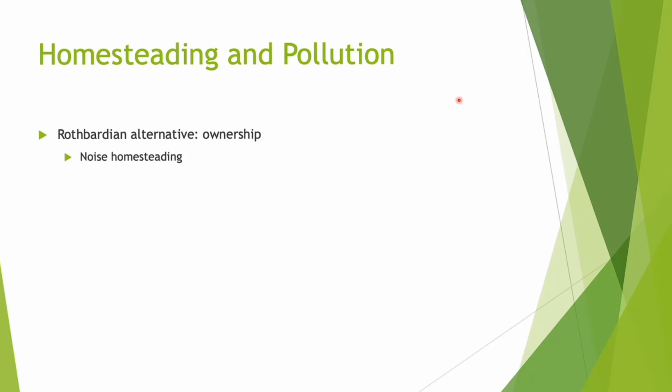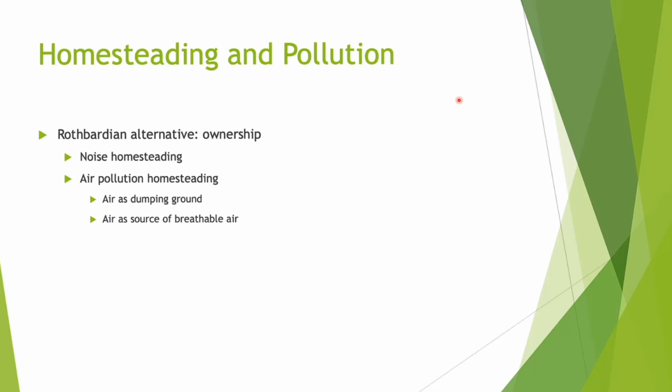And that can be not just your classic homesteading of land where some settler goes out onto some uninhabited property and fences it off and tills the ground and claims ownership, but also homesteading over things like the noise level or the air quality. And so is air going to be used as a dumping ground? Is air going to be used as a source of breathable air? I mean, these are conflicting uses to some extent.